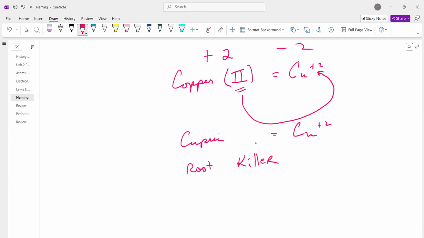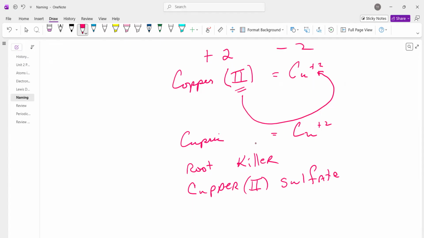So that is copper 2 sulfate or cupric sulfate.